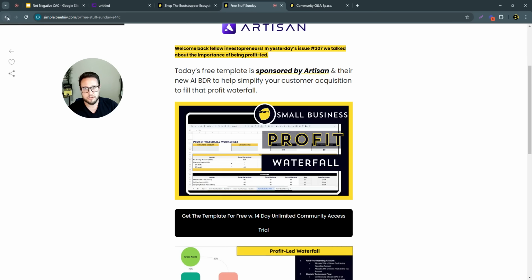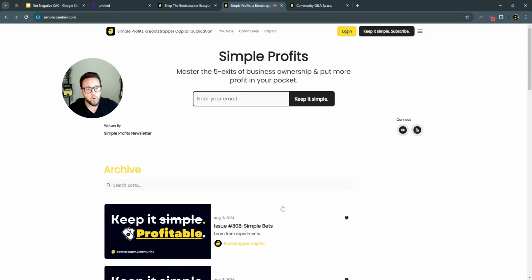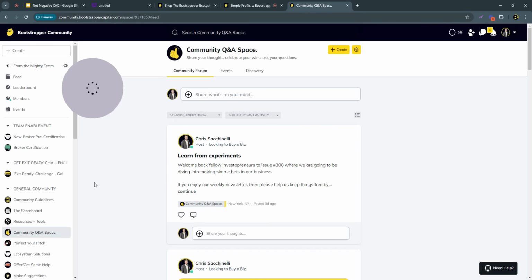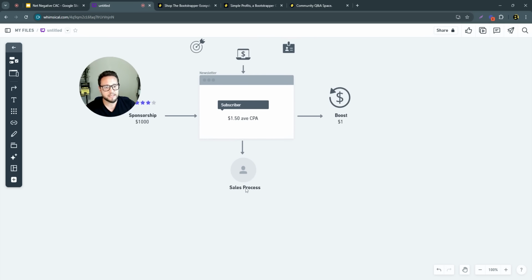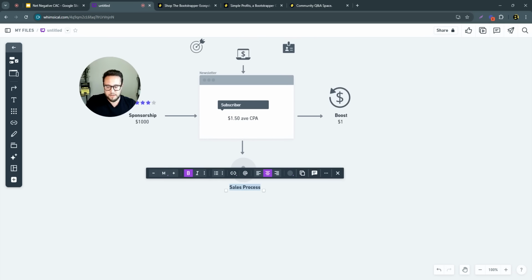We position the sponsorship so we get paid to acquire customers on a negative CAC basis. Now, when you plug this in with other things such as our community, you can easily extend this model. Instead of the sales process here, we could turn this into what we do with the Bootstrapper ecosystem, and you could plug in a community container.